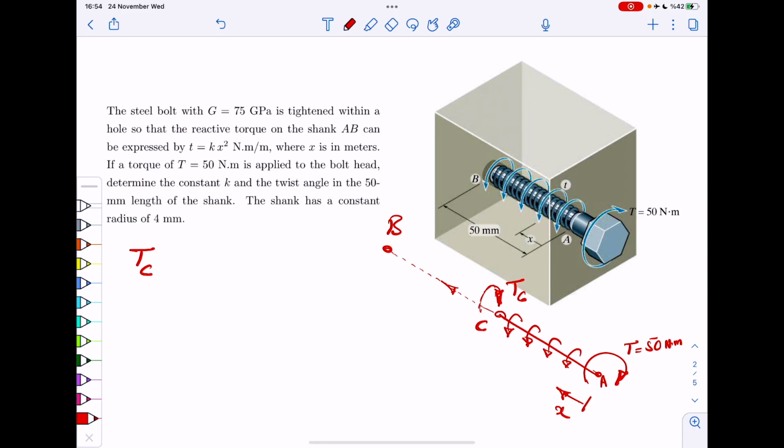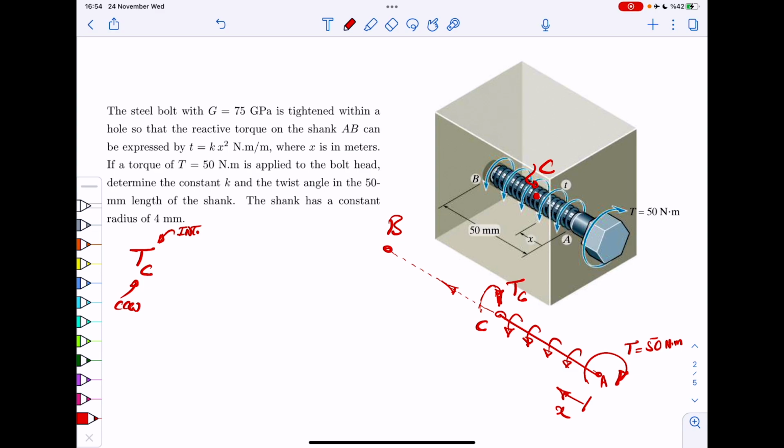It's an internal point. So let's say this is point C. And then pay attention to the way that we draw the torque. It's counterclockwise at C, so it comes with a plus, and it's internal. It's also counterclockwise according to our coordinate system.